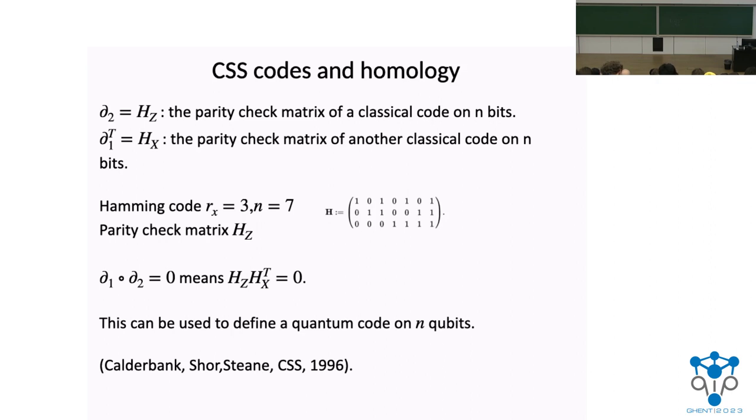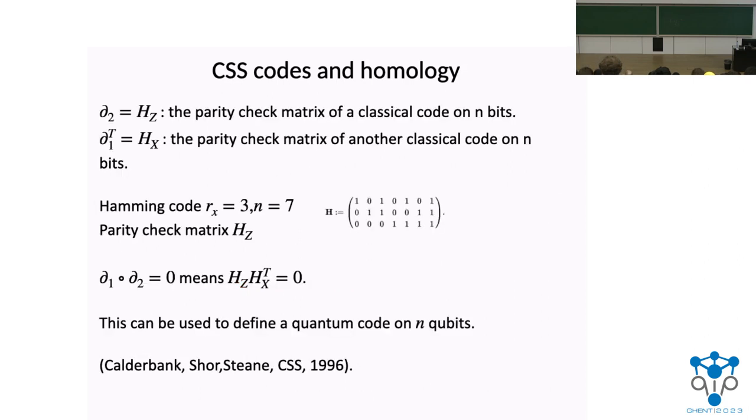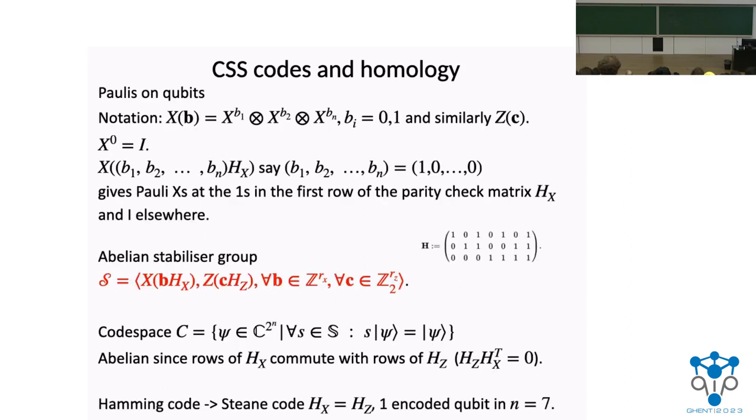Okay, so now this thing above you can almost neglect, because what you do with these parity check matrices, if you've seen this CSS construction before, is you take your parity check matrices, and instead of having these 1s for one of the matrices, say H_Z, you replace it by Z Paulis, and the other one you replace by X Paulis.